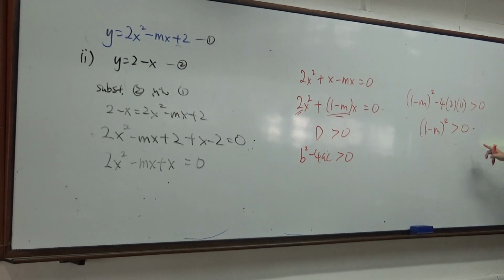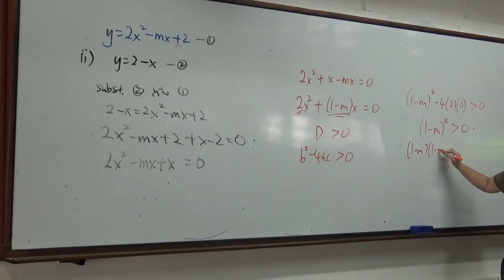Now, this one, you say, die already, cannot solve. Actually, you look up. This one means (1 minus m)(1 minus m) bigger than 0, right? Correct? Yes or no? That means, what's the solution here? 1. There's only 1 point. I'm teaching you here. Are you clear? There's only 1 point. Correct now?